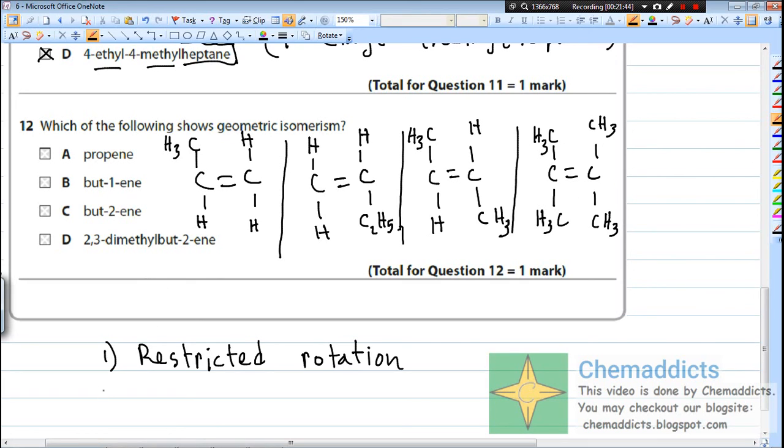Now let us look out for the second criterion for geometric isomerism to occur.